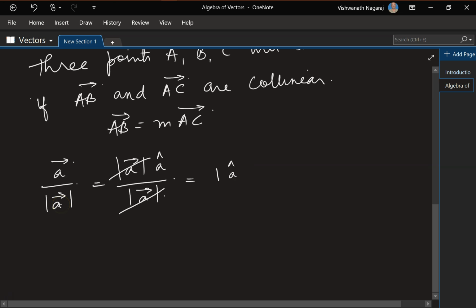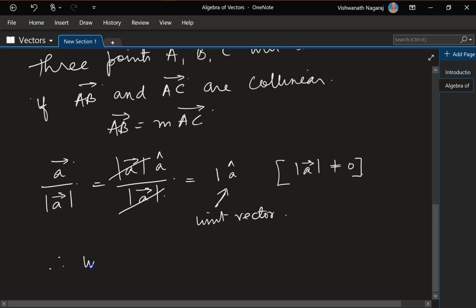Now here, of course, since we are talking of dividing, the denominator cannot be 0. So which means magnitude of vector A is not equal to 0. So this is called the unit vector. We have already seen that.